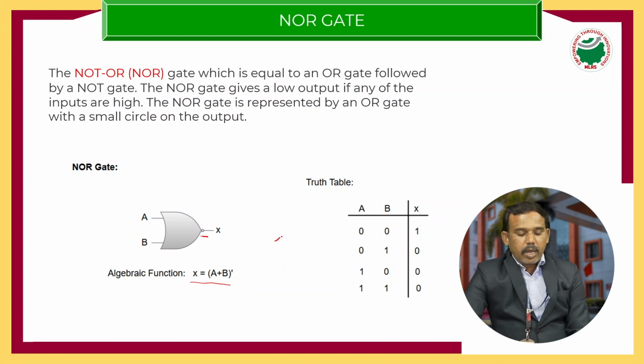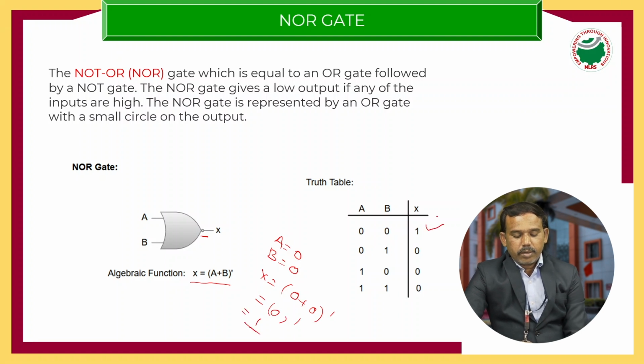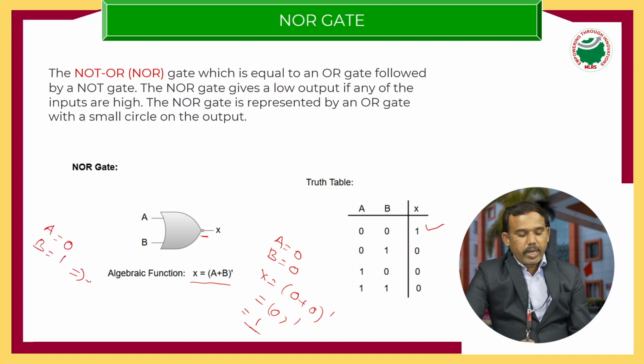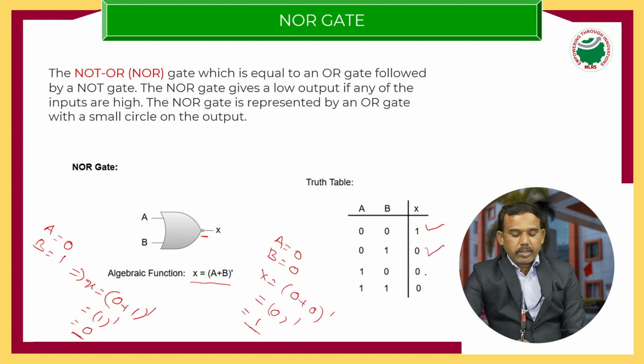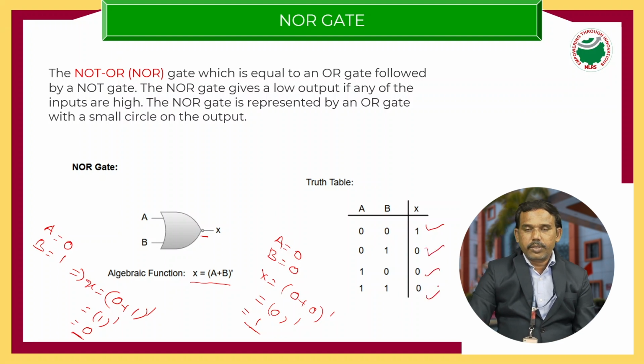If A equal to 0 and B equal to 0, then X equal to (0 plus 0) complement, and 0 complement equals 1. If A equal to 0 and B equal to 1, then X equal to (0 plus 1) complement. 1 complement is nothing but 0. So likewise, these are the values.